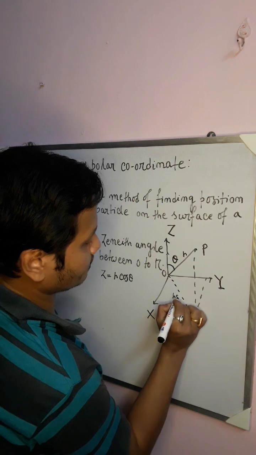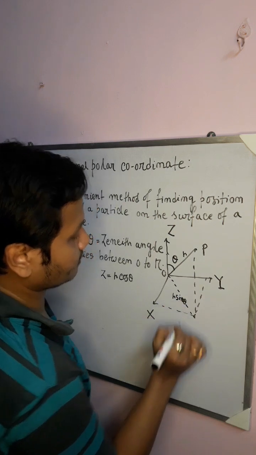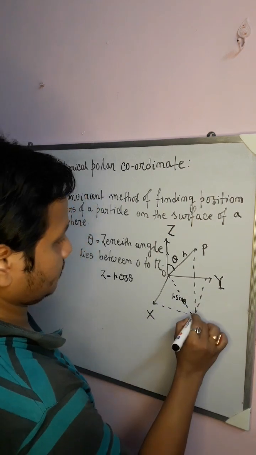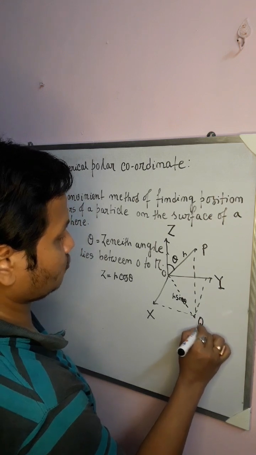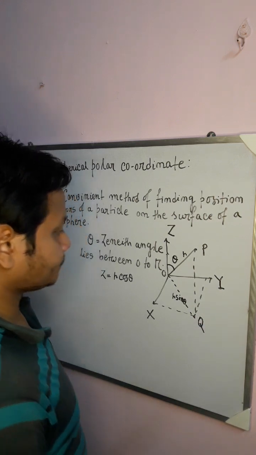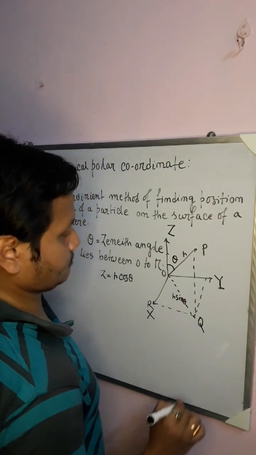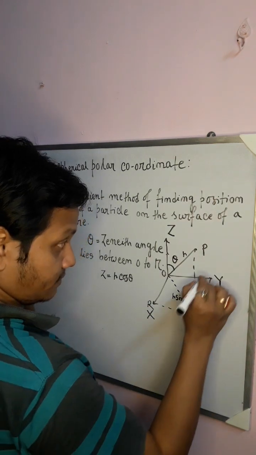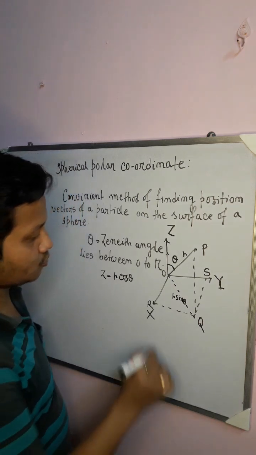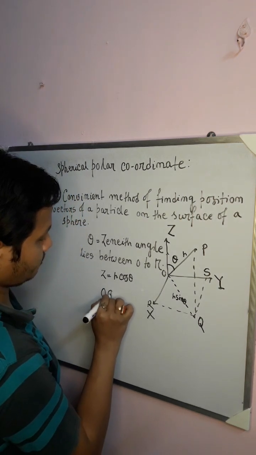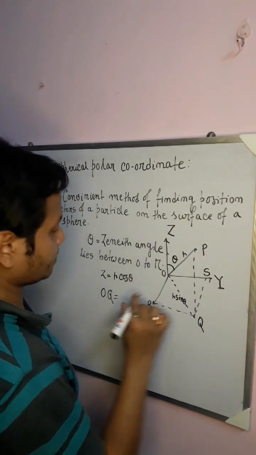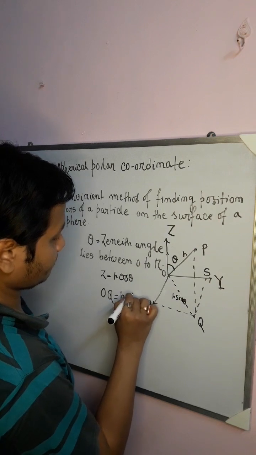Give it a name, say Q. So my OQ will be the projection of this line on the xy plane, that is r sin theta.